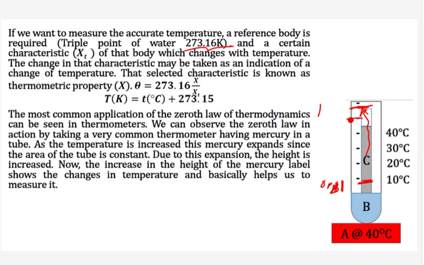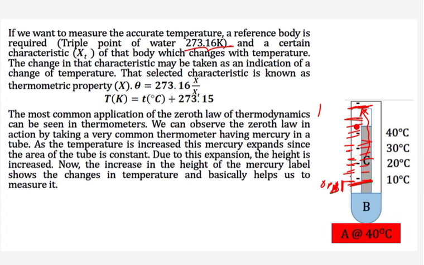Now we calibrate this length between these two points. Earlier it was the ice point and steam point of water actually. With that we calibrated here. So different heights are telling you different temperatures. That's why the length of this mercury is telling you the temperature.